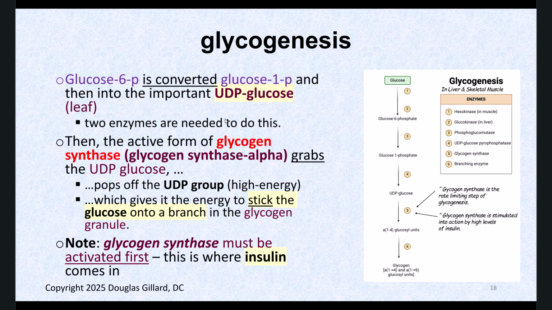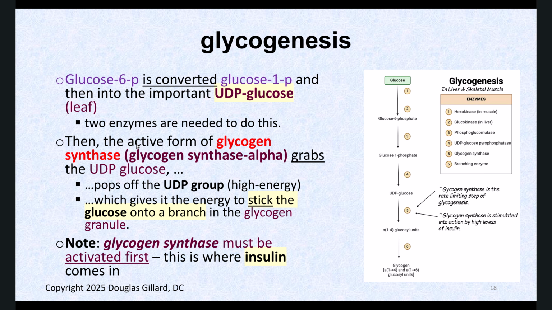So we can use the energy of the UDP molecule to pull the phosphate out and stick the glucose on there. I just think of that as like a little power pack or a booster. If we break that off, it's going to give the glucose enough energy to bind on the branch and become part of the glycogen molecule.